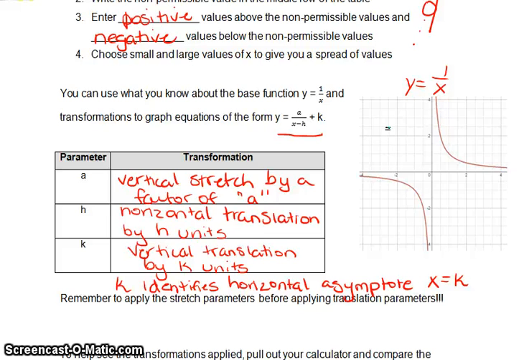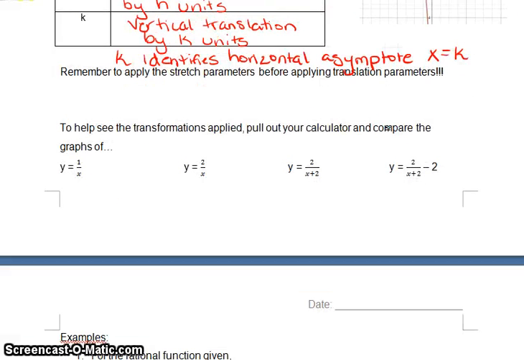All right. So I just want to do one quick example where we're not going to do anything with it. We're going to put these functions into our graphing calculator, and I just want to show you guys what happens when we apply each parameter. So here we'll start off with y is equal to 1 over x. Then we'll graph y is equal to 2 over x, so we add that a parameter.